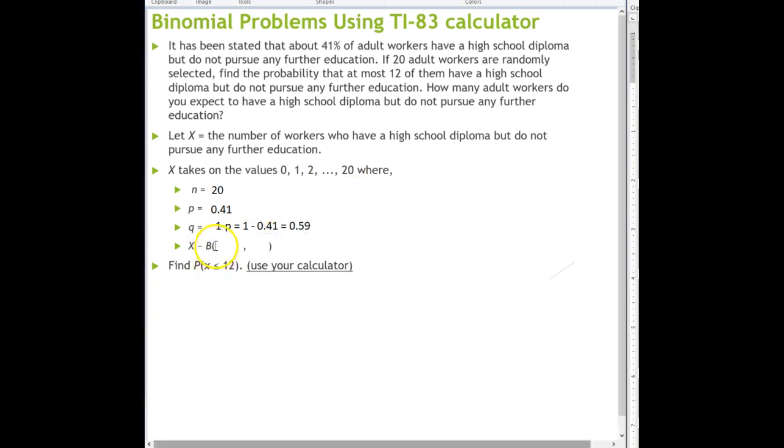Then X is a random variable with a binomial distribution of, we put our N value here, and then we put our probability of success.